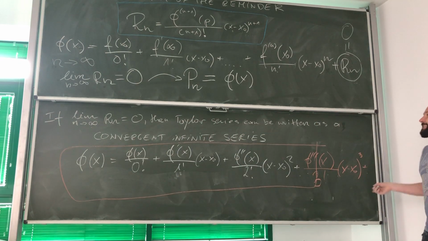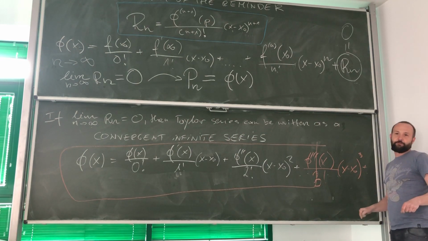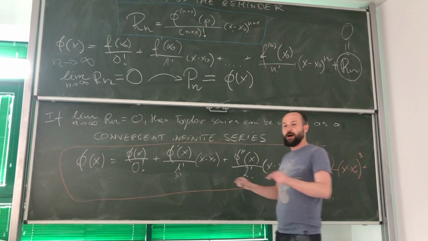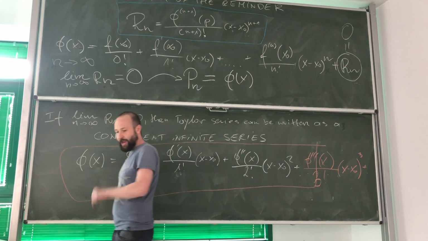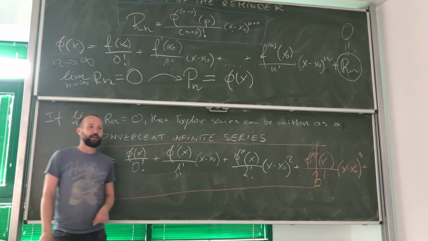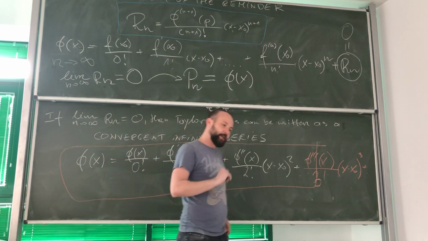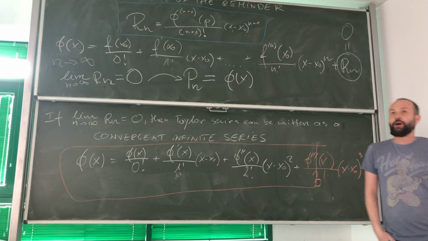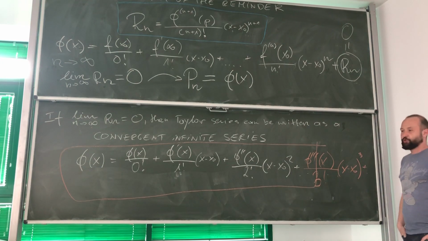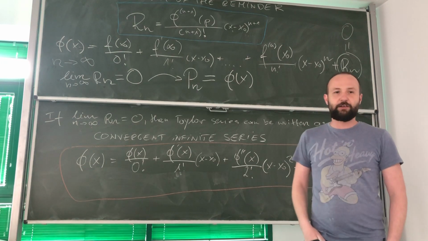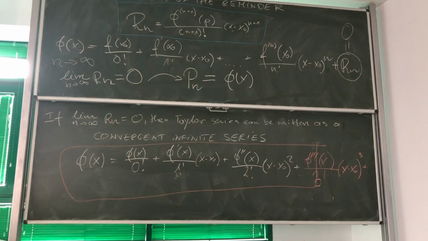So what you're going to see next is a review of what we said about optimization under constraint, since next week we're going to start customer choice theory. Okay, thank you, and see you in the next video.